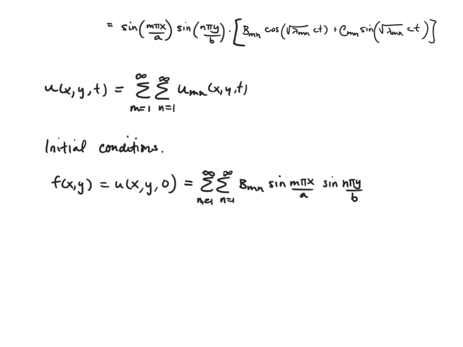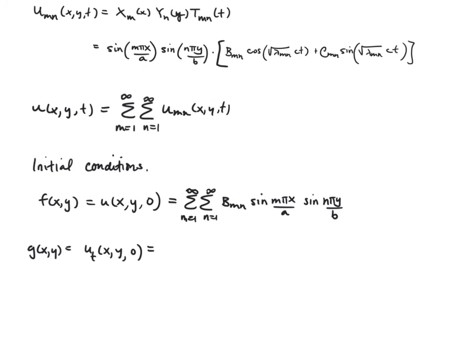I'll do the other one as well. So my g of x, y was my time derivative of u, evaluated at t equals 0. And I'll do this in 2 steps. I need the time derivative, so that's obviously just going to impact up here.